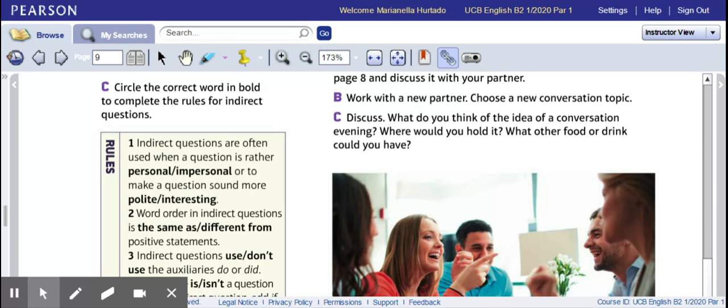The words in bold, the ones that you have to choose in order to make this rule true, are personal or impersonal, polite, or interesting. Those are your bold words, okay?